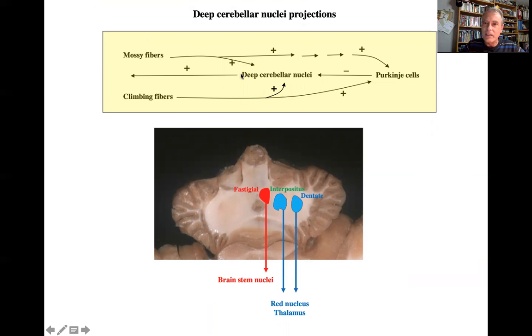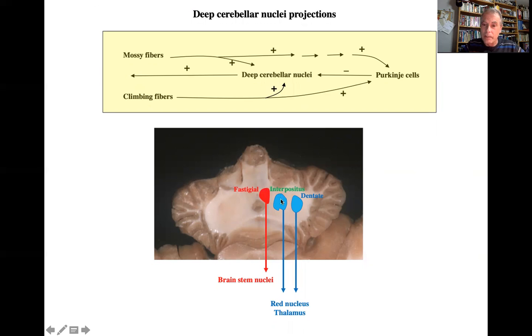So these deep cerebellar nuclei are receiving excitatory information from mossy and climbing fibers and inhibitory information from Purkinje cells, and they act excitatory. So they need this Purkinje cell information to inhibit and to control the activation or the function of these cerebellar nuclei cells.